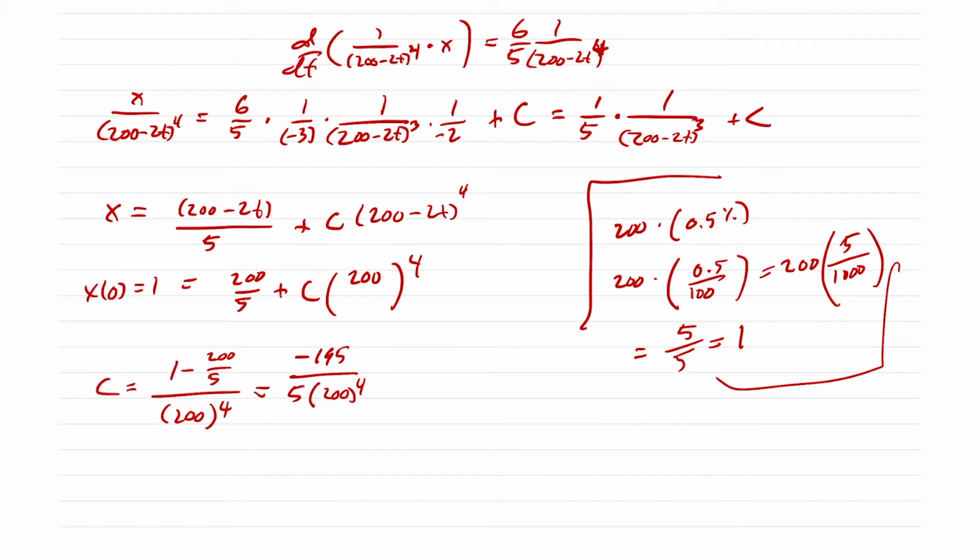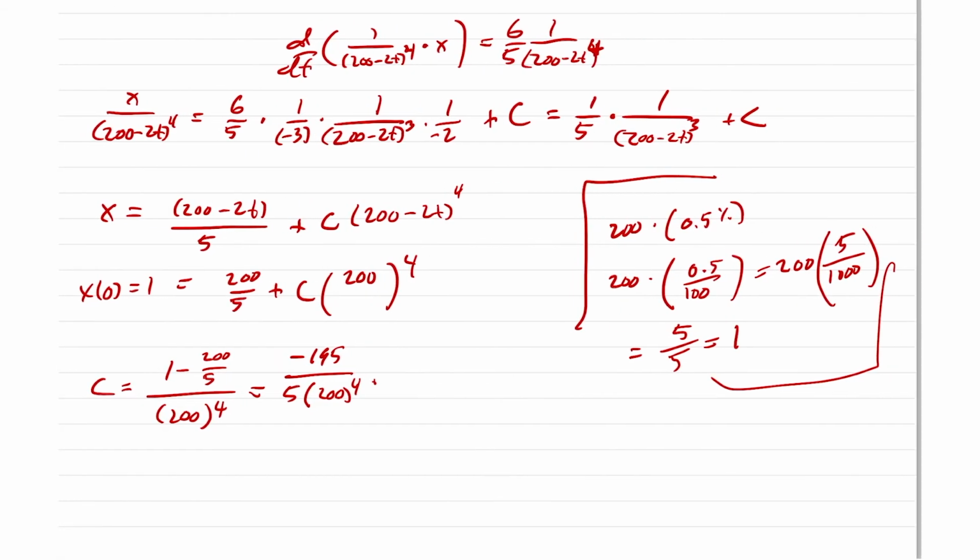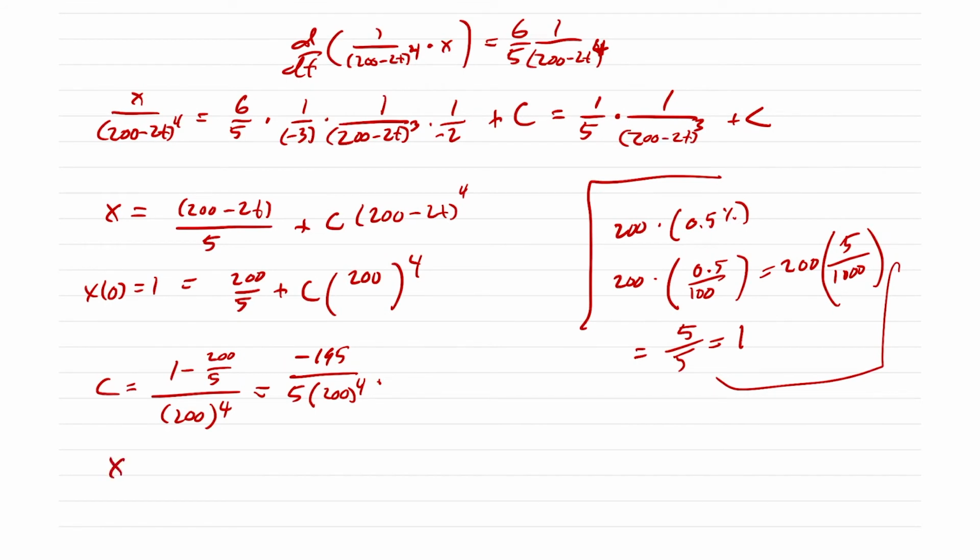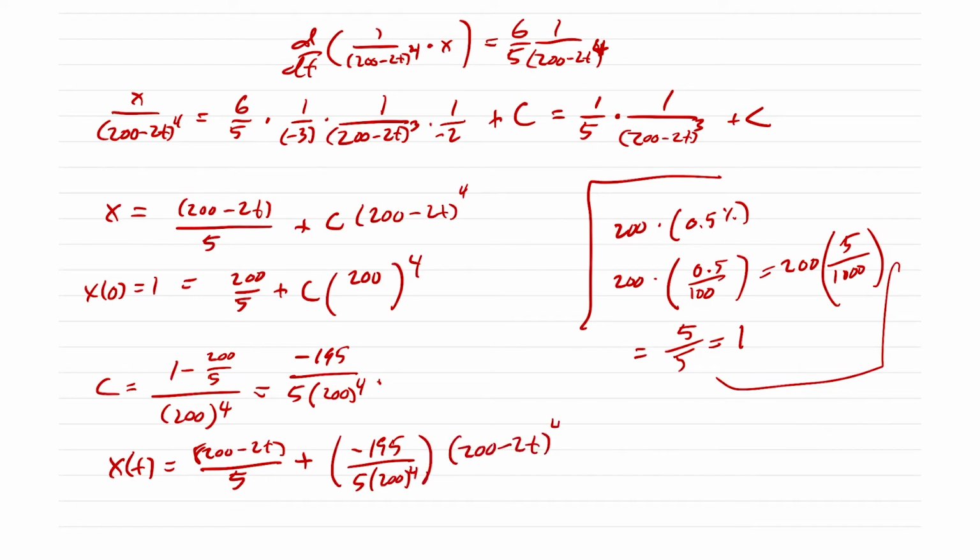Okay. Not pretty, but that's what you get. Okay. So if you want, finally we get x of t is equal to (200 minus 2t) divided by 5 plus minus 195 divided by 5 times 200 to the 4th power times (200 minus 2t) to the 4th.